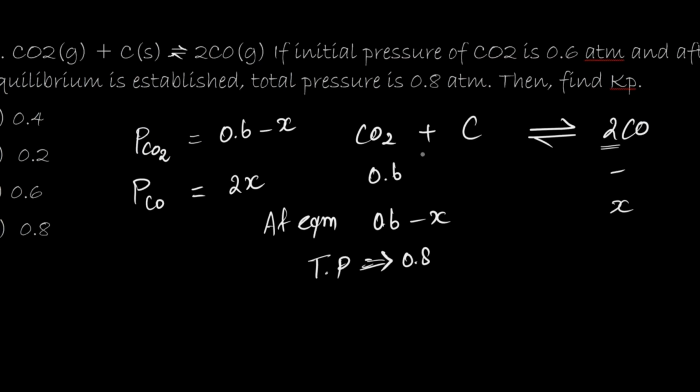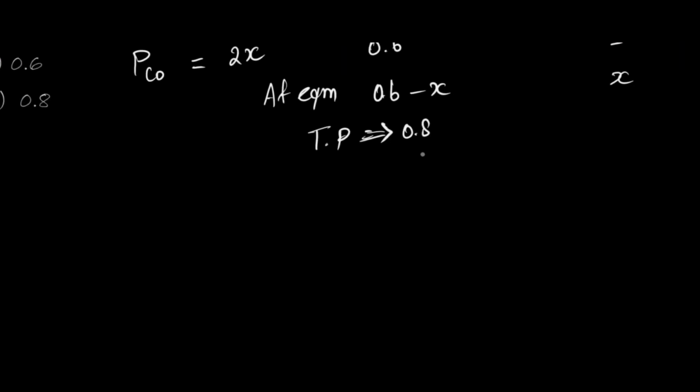So the total pressure is 0.6 minus X plus 2X, which is equal to 0.8. 0.8 is given in the question.